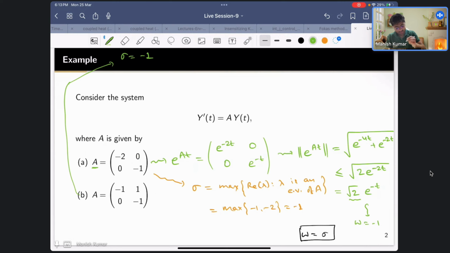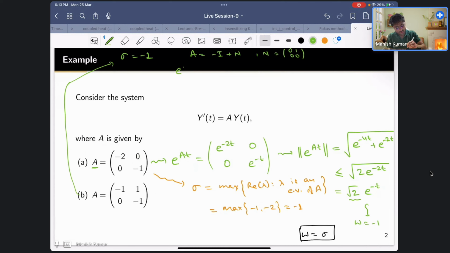So the maximum eigenvalue is minus 1. Now let us look at the exponential of this matrix. You can clearly see A is nothing but minus I plus N, and you know that N is the nilpotent matrix, 0 1 0 0, correct? And these two can be multiplied, so they are commutative.